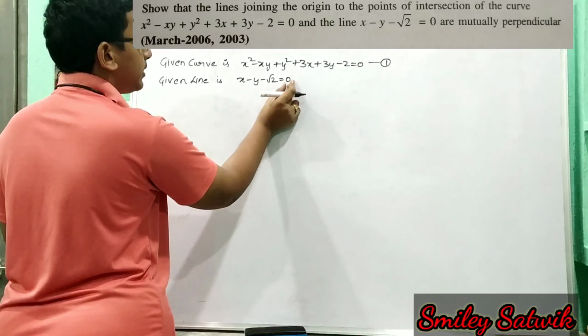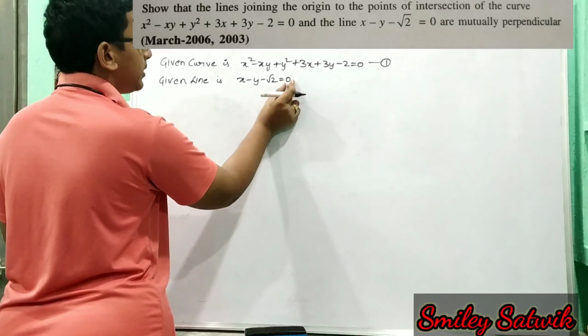I am writing here x square minus xy plus y square plus 3x plus 3y minus 2 equal to 0. Like this, one curve is given. We should write that curve as it is, so name it as equation 1.